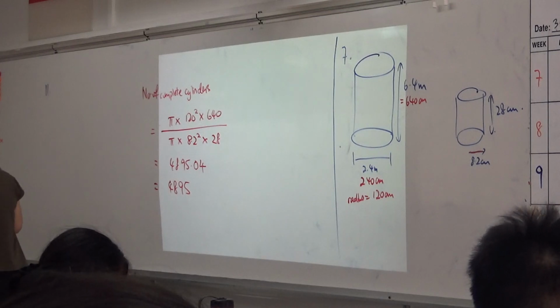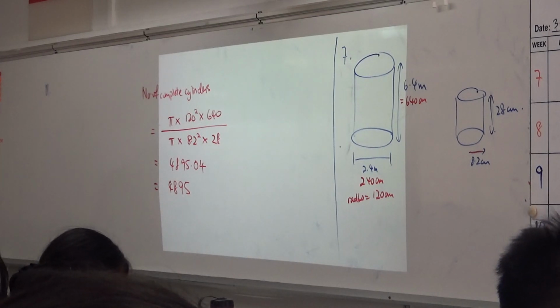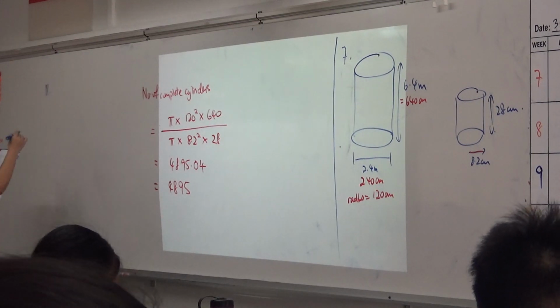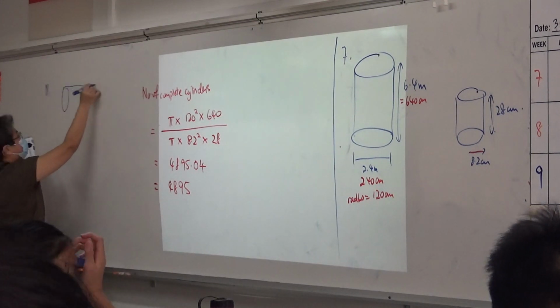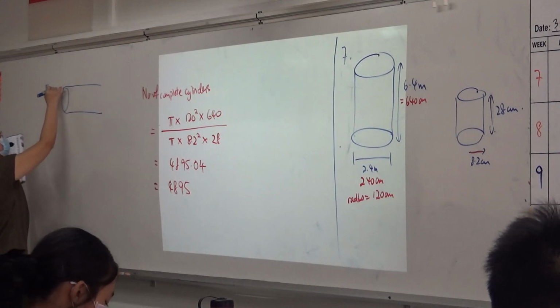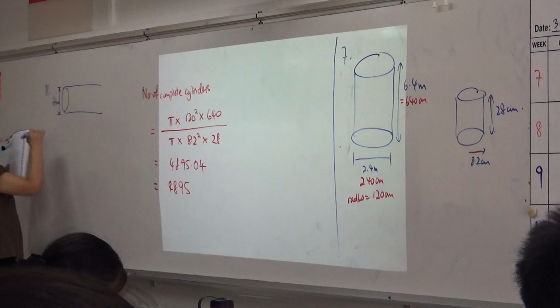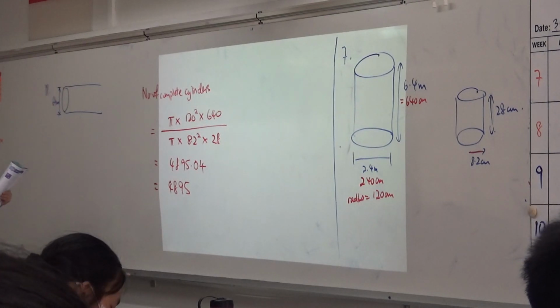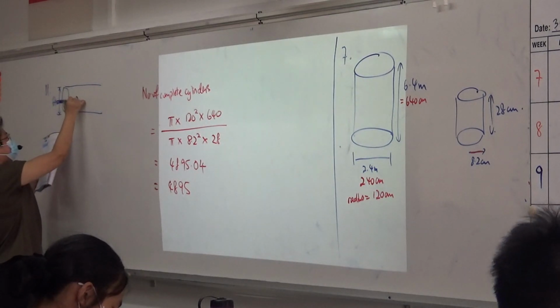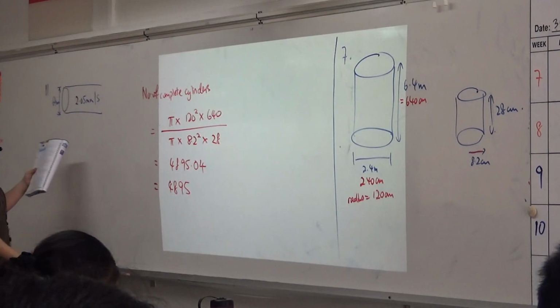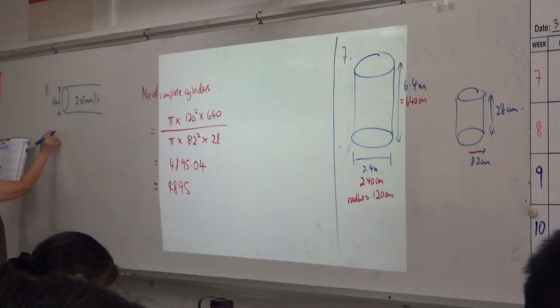Can all of us look at question 11? A pipe of diameter 64 mm. This diameter is 64 mm. Discharges water at a rate of 2.05 mm per second into a cylindrical tank.